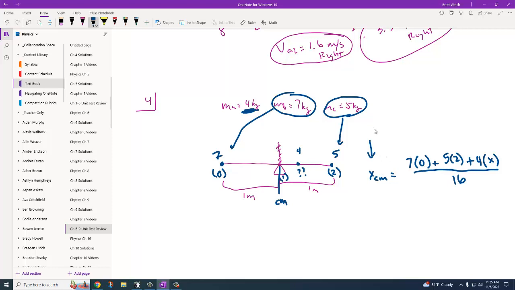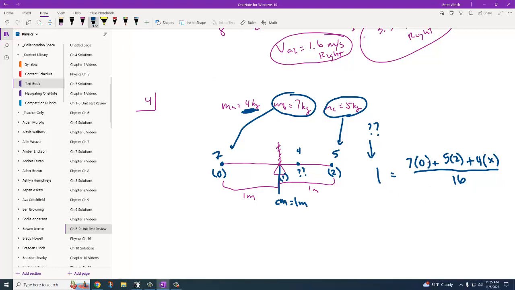This is really important. I'd like it to be right in the middle. Then the position of the center of mass is 1 meter, because I want it to be in the middle of this. So instead of writing position of center of mass, I can replace this with a 1. So let's get rid of all that and put a 1 right here.